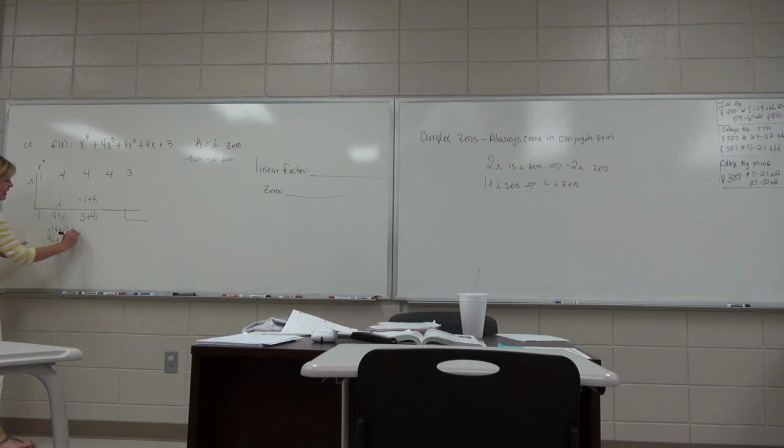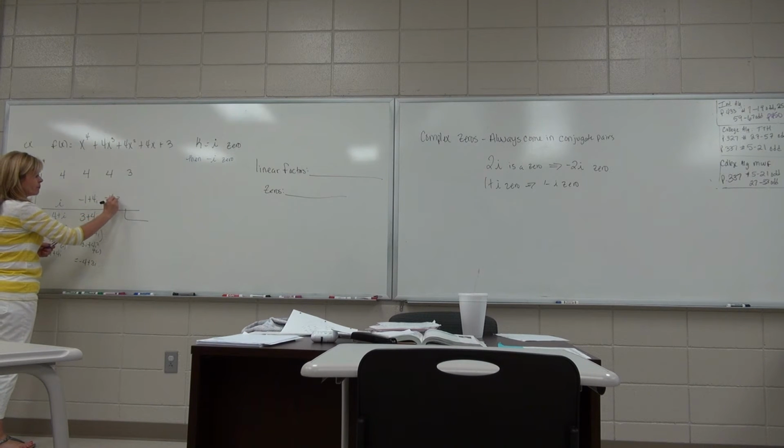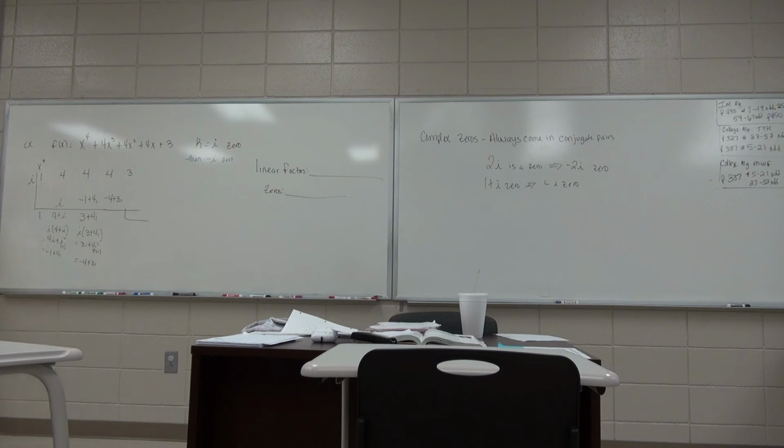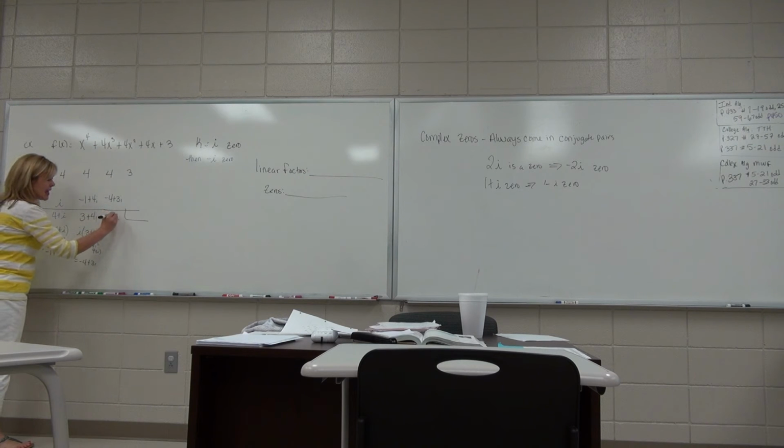Now I need to say i times 3 plus 4i. Using distributive property again, that gives me 3i plus 4i squared. We just said i squared is negative 1, so that's 4 times negative 1, which gives you negative 4 plus 3i. Remember, you always write the real part first. Now 4 minus 4 is 0, so I'm just left with 3i.